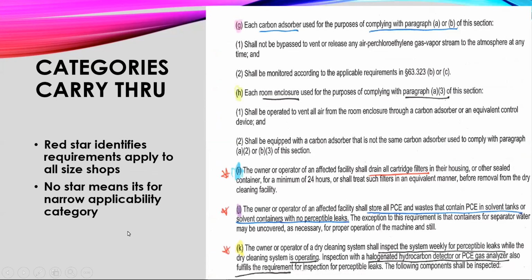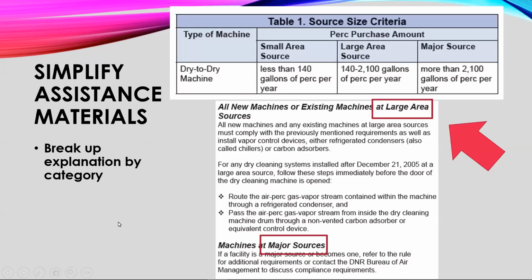And so you can see another screenshot of my dry cleaner rule where I've highlighted on a particular conditions page, all right, these 3 that are starred, that's going to be applied for any size facility, whereas some of the others, they're very specific to a certain grouping of the category. And this way, again, that helped me simplify the materials, creating source size groupings, and providing a table of that in our fact sheet.